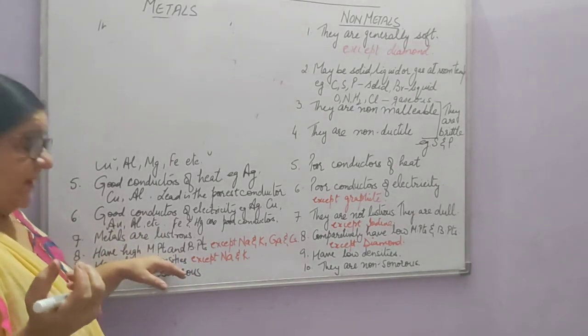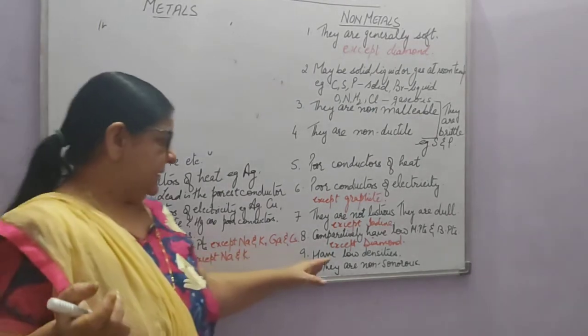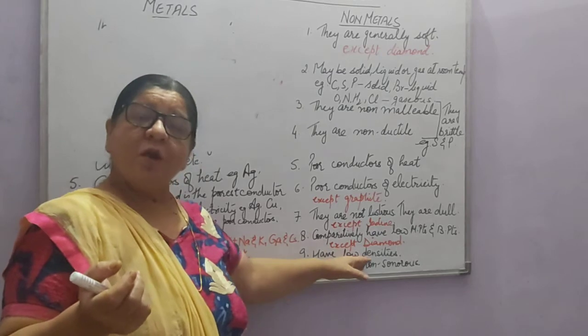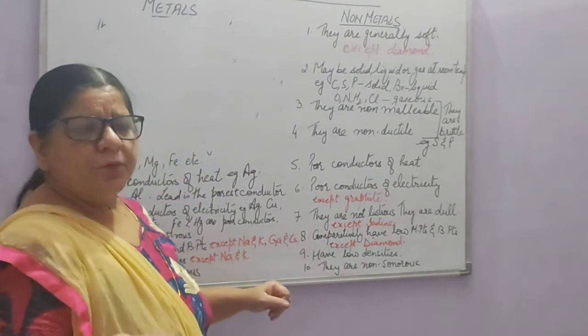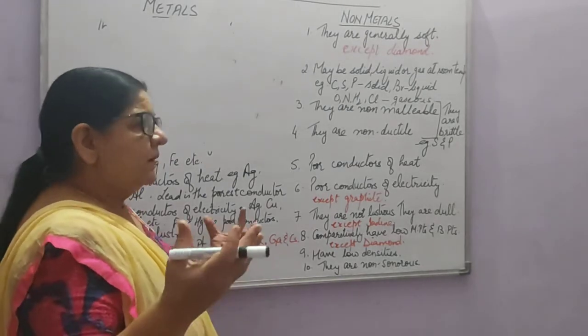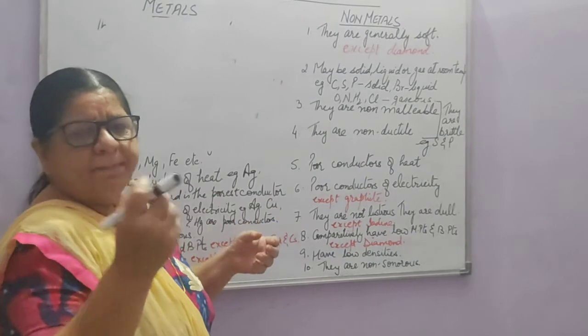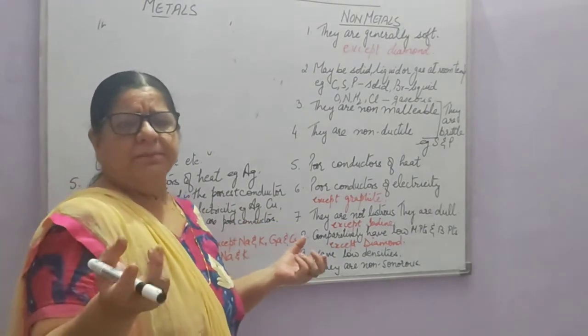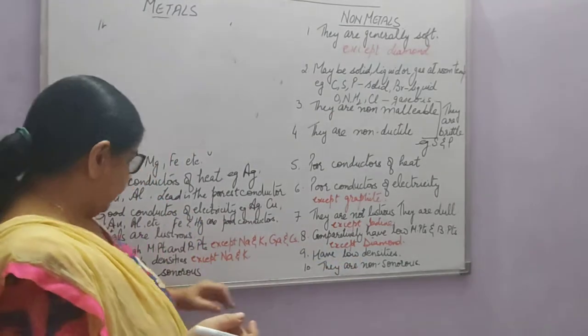High density means they are heavy, except sodium and potassium. But the non-metals have low densities. They are very light, because even if they are in the solid form, they are mostly in the powder form. They are brittle. They can break down very easily. So they have low densities.